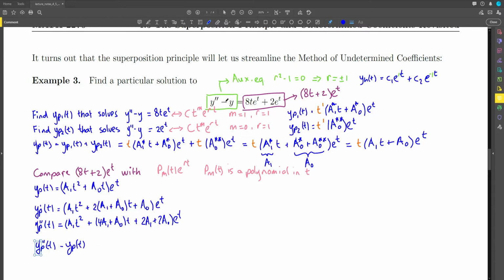That's this differential equation. So this should equal 8t e to the power t plus 2e to the power t.